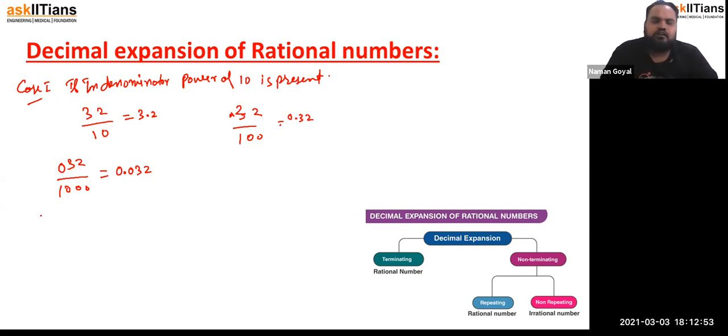Now if we have a number like 3 upon 4, how do we do this type of decimal expansion? By using the long division method.